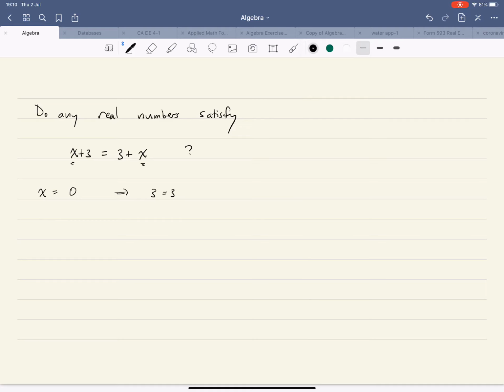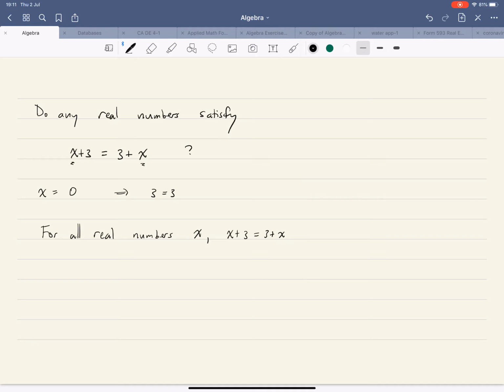So there are a lot of ways that we can express this concept, and a few of them are for all real numbers x, x plus 3 equals 3 plus x.